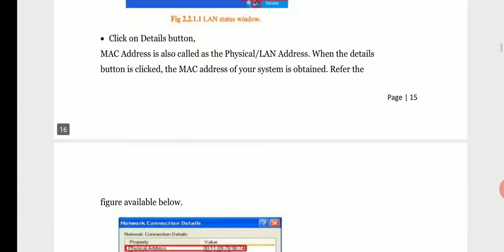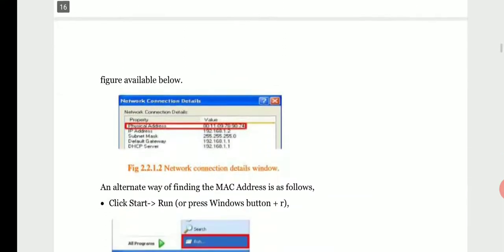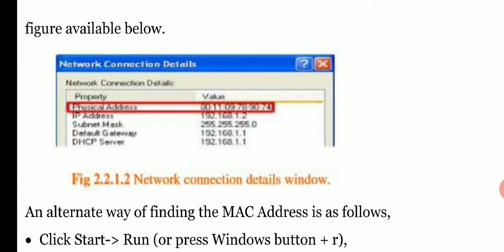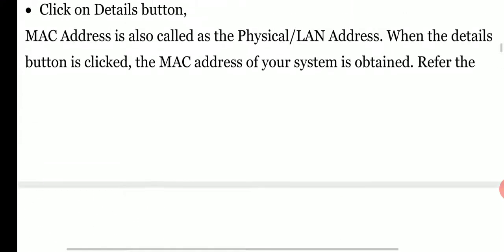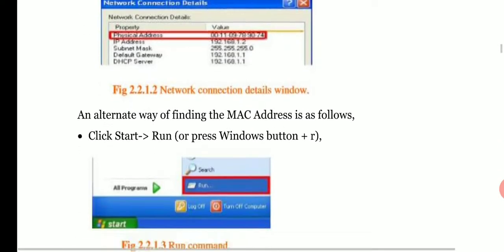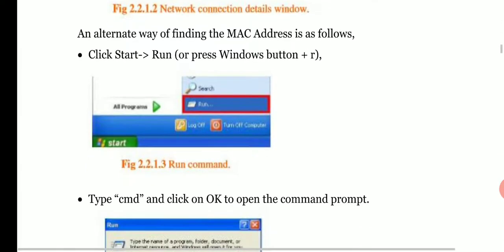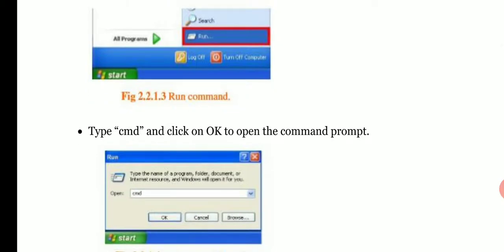So here is the figure. You will get a MAC address like this. See the physical address: 00-11-09-78-90-74. You will get the physical address like this, that is the MAC address. The physical address is the MAC address. The alternate way of finding the MAC address is click start, run and type CMD.